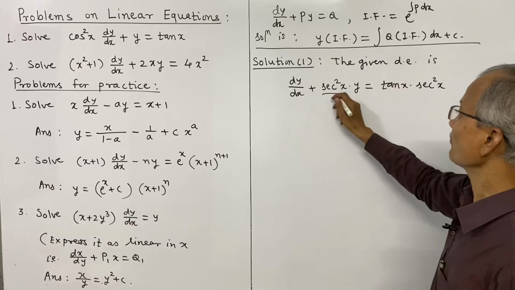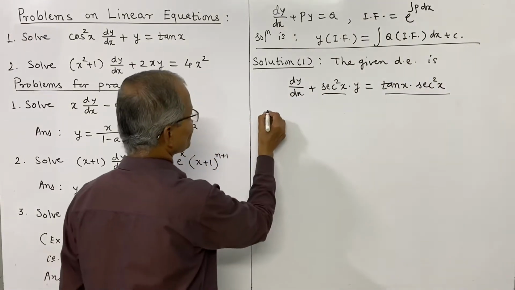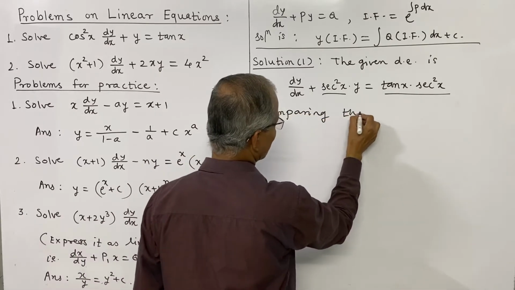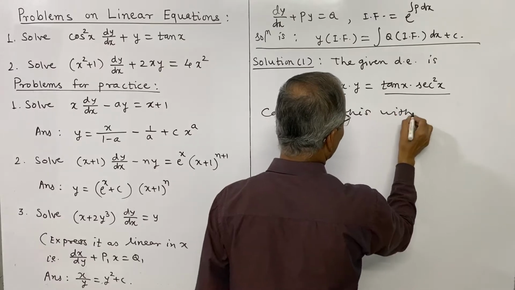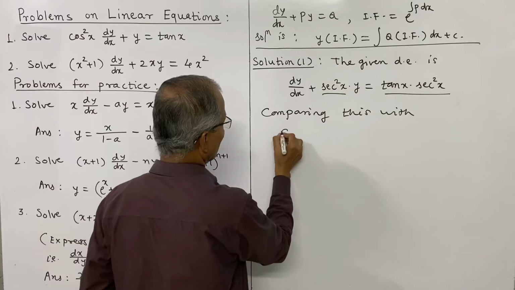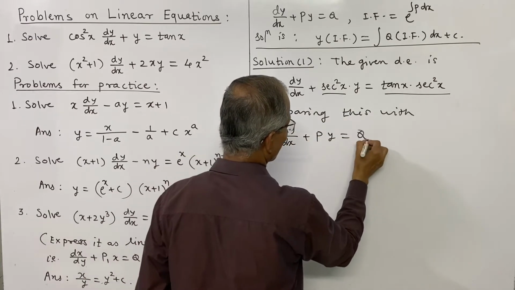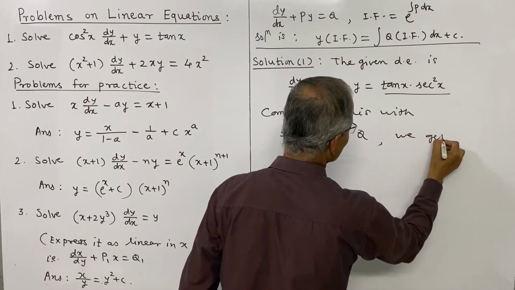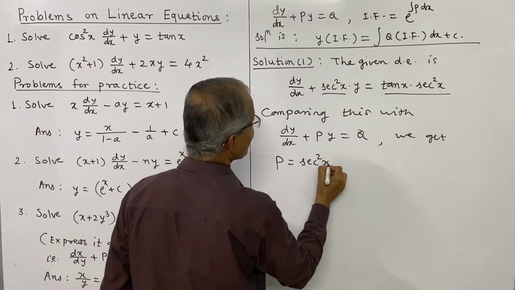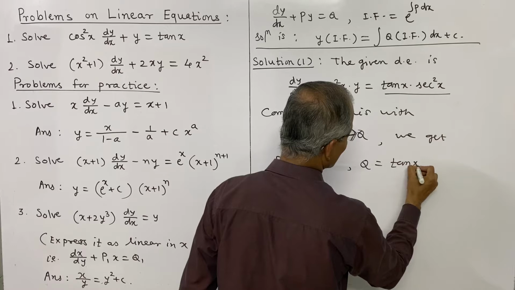Comparing this with dy by dx plus py is equal to q, we get p is equal to sec square x and q is tan x into sec square x.